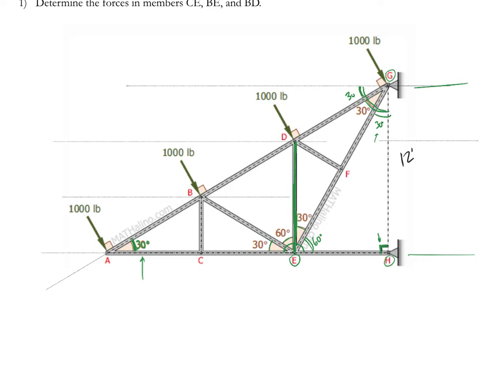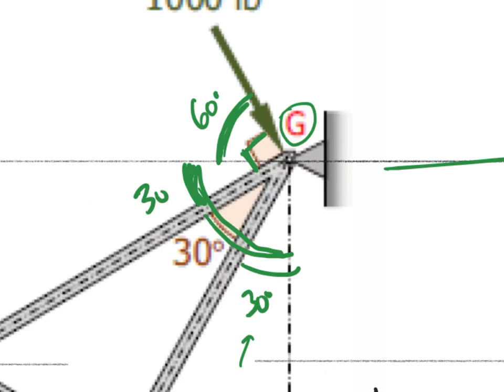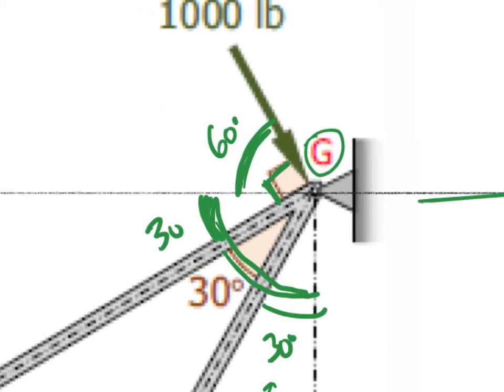That helps us with our forces. Because this is a right angle, this 30 and this angle have to add up to 90. So this is a 60-degree angle, which is going to be very helpful when we are splitting this force. So this force, if I zoom way in on it, come on, let me zoom. Oh, that's pretty far.